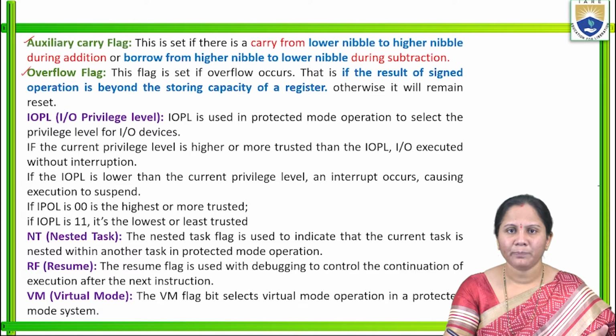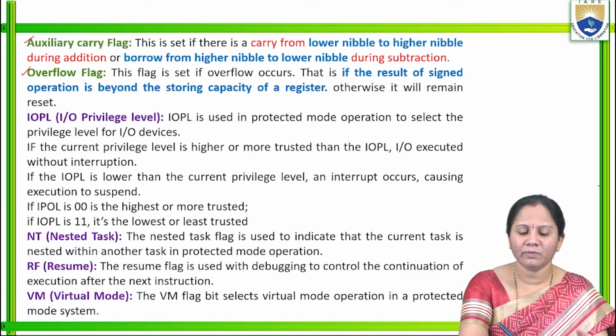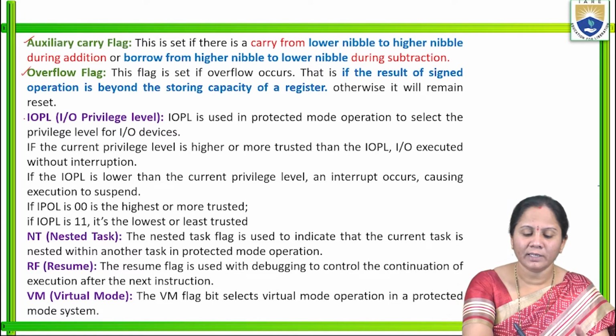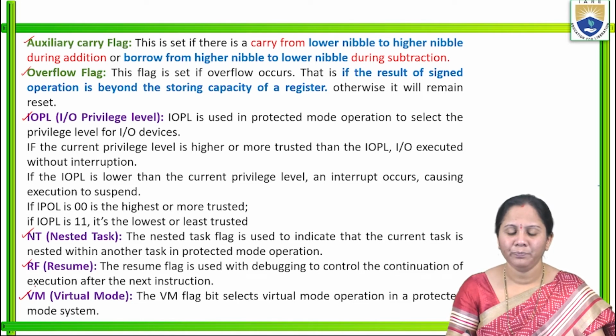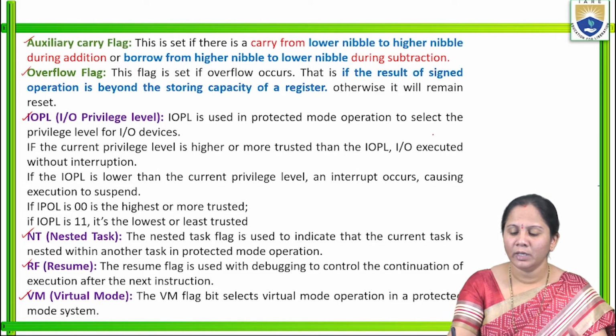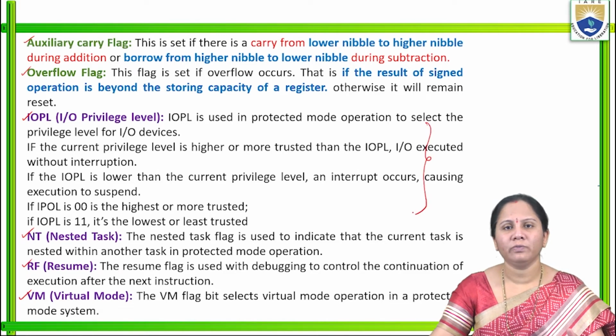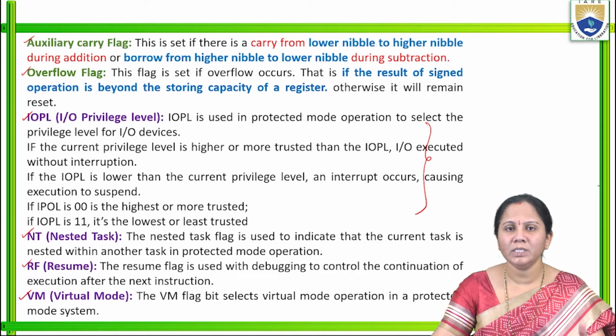But in this 80386, we have advanced bits like IOPL, that is IO privilege level, nested task, resume, and VM stands for virtual mode. All these are the bits that are available in the flag register format, and we have to write the function of each bit, explain about each bit.